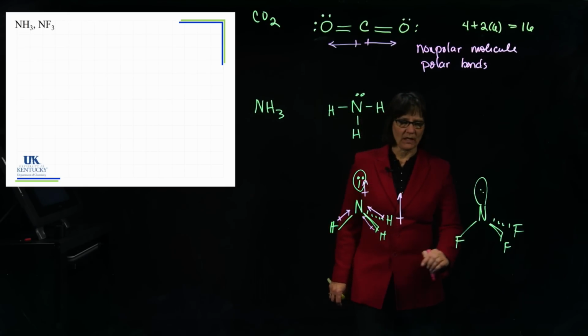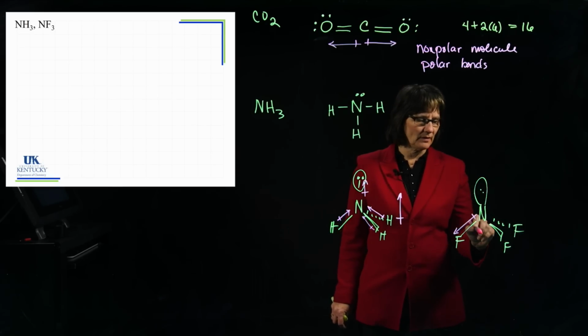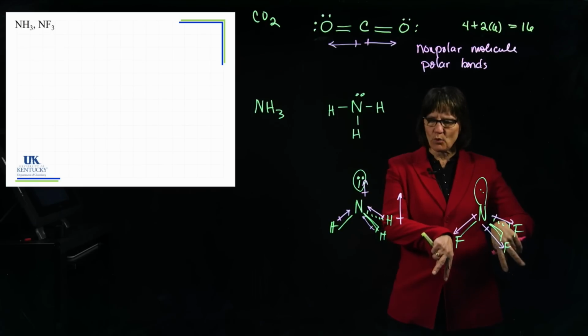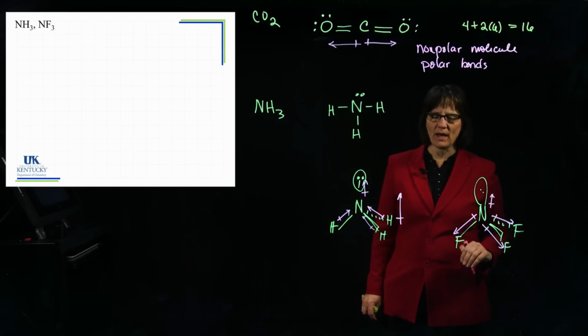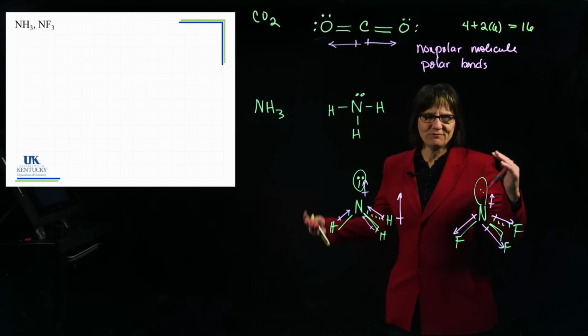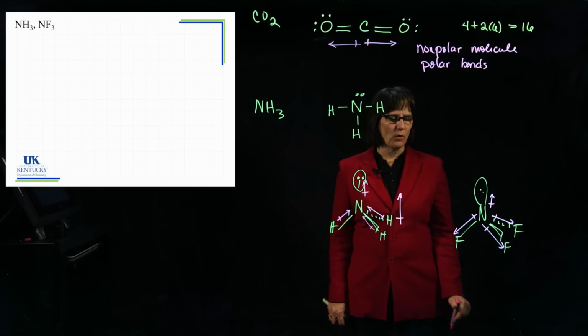But this is different, because between nitrogen and fluorine, fluorine is more electronegative. Fluorine is the most electronegative atom on our periodic table, so all of these are pointing in a general down direction. Now I would have a vector for the lone pair pointing in this direction. It is never going to happen to be the same length as the vectors for these bonds, but there is one pointing in the up direction.